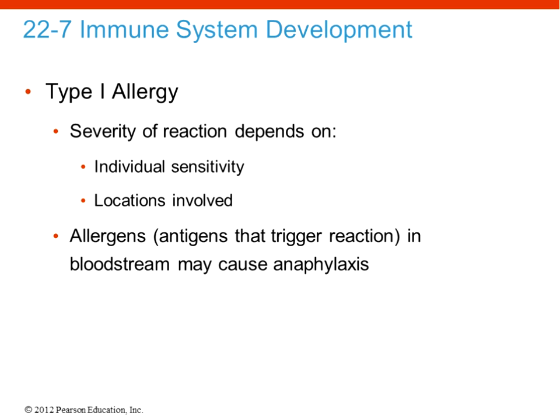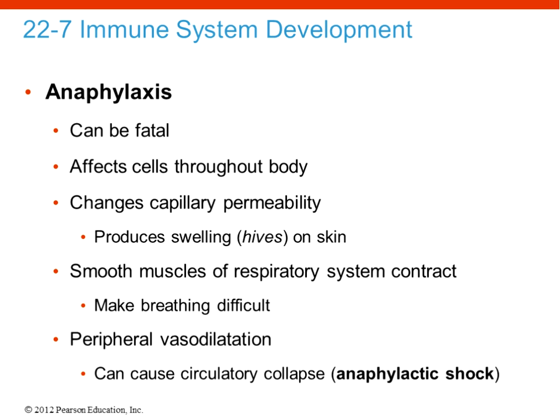It seems that peanut allergies and other allergies are much higher than they used to be. Why is this happening? We're not sure. Why is autoimmune disease happening more than it used to? We're not exactly sure. But anyway, type 1 allergy is a good example of how that works.